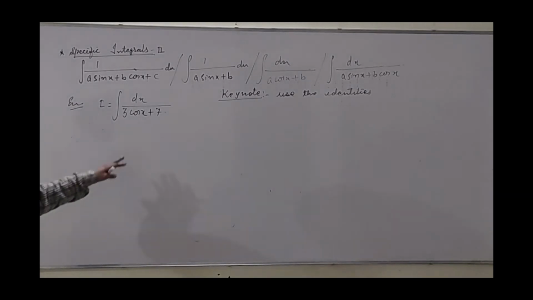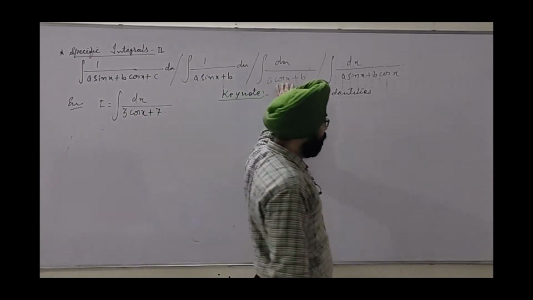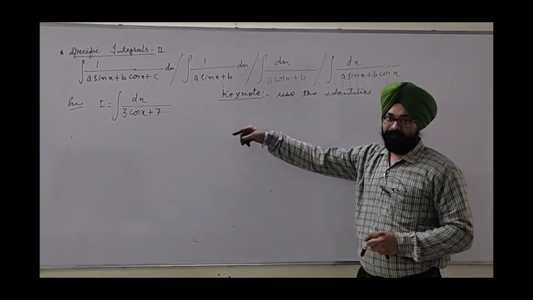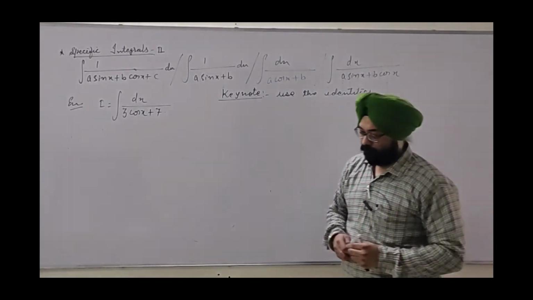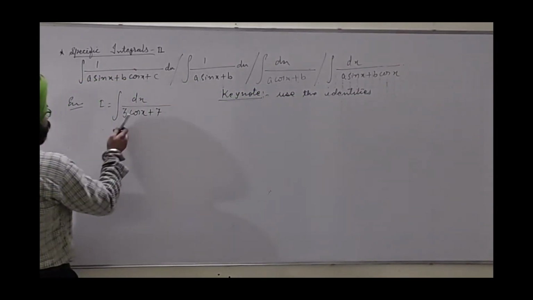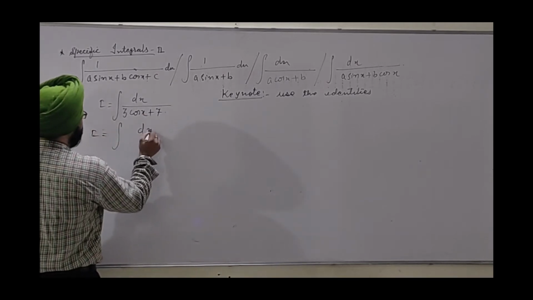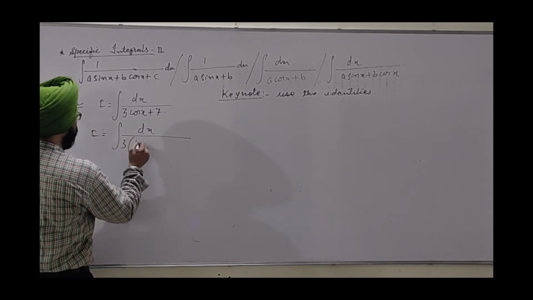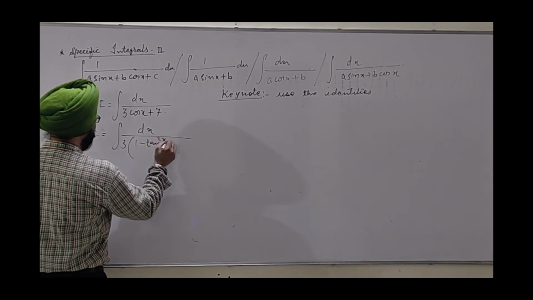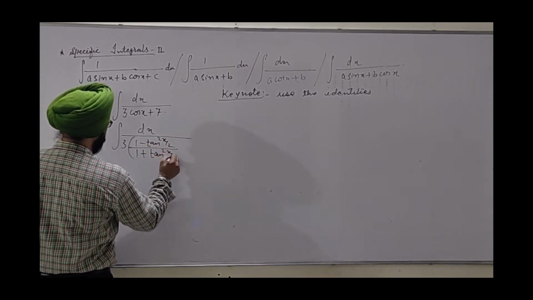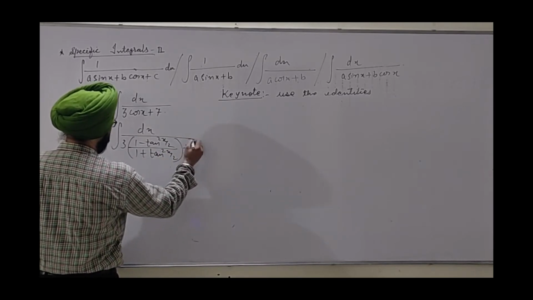Now you can see I have taken a pattern, this is the third one, a cos x plus b. Okay, only cos is available, so we will use the identity of cos in terms of tan, which we wrote recently. It is dx upon thrice of 1 minus tan square x by 2 upon 1 plus tan square x by 2 plus 7.